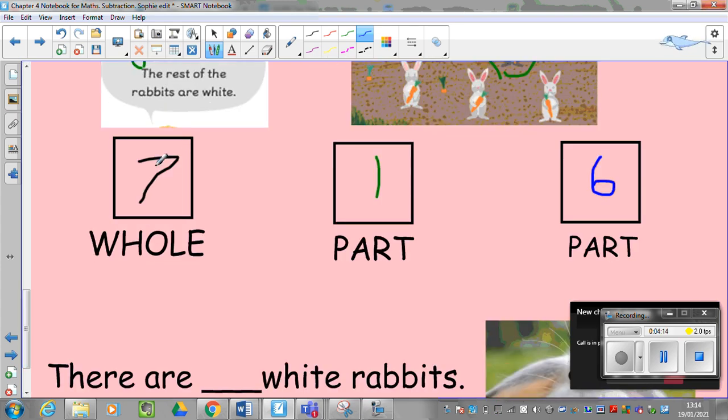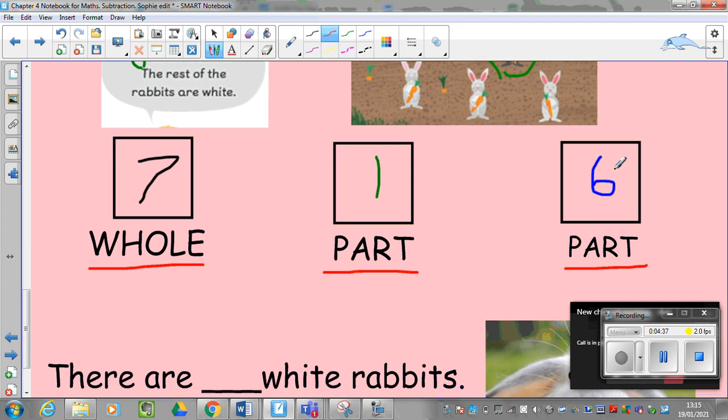Now I'm going to make this into a number sentence. I need to fill in with my symbols. But here you can see that this has been labelled whole. So my whole number is 7. A part of my number is 1. And the other part of my whole number is 6.